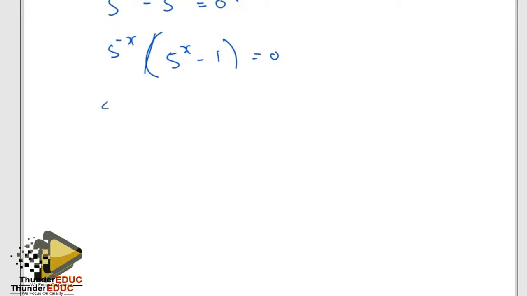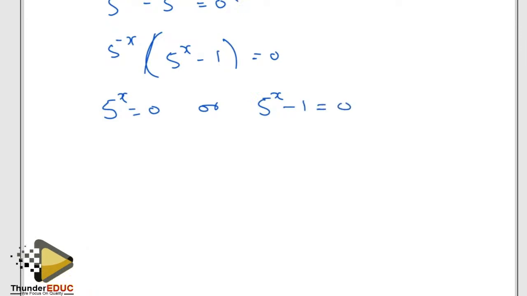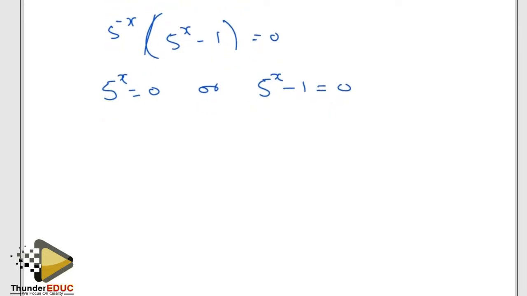So either the 5 to the x is a 0, or 5 to the x minus 1 gives us a 0. But under exponents, there is not a thing whereby you raise a number to a certain exponent and you end up with a 0. So this doesn't exist. So no solutions for the first part.